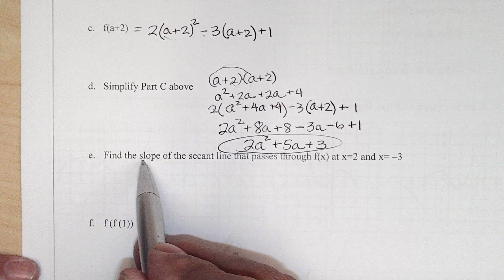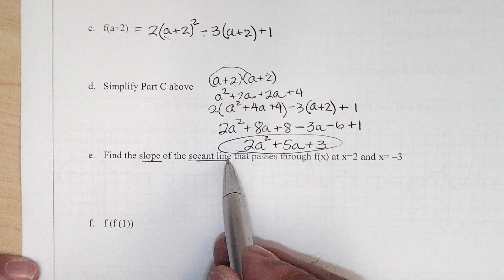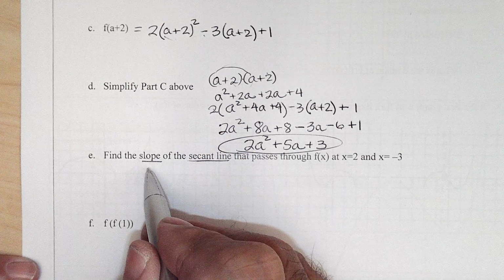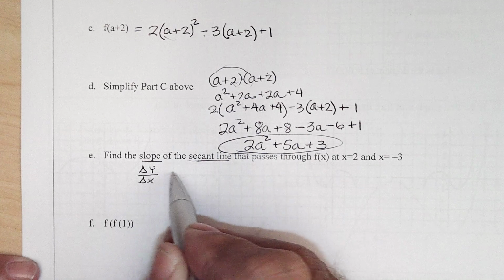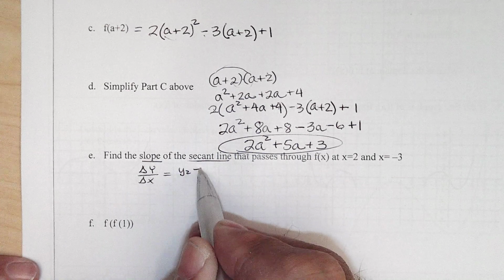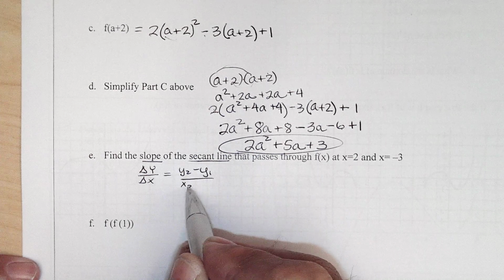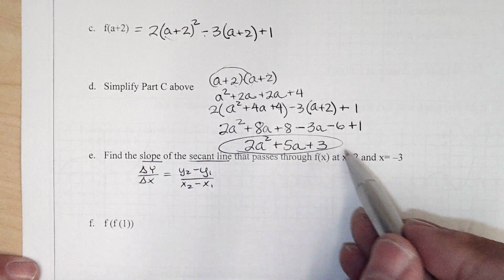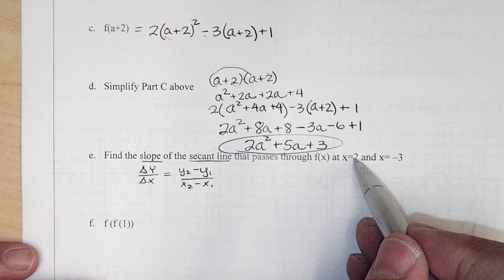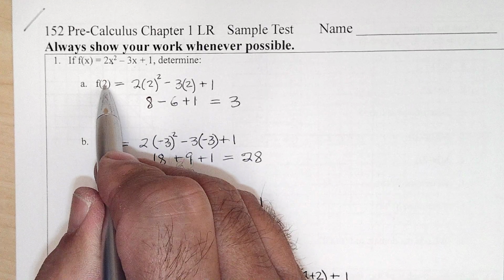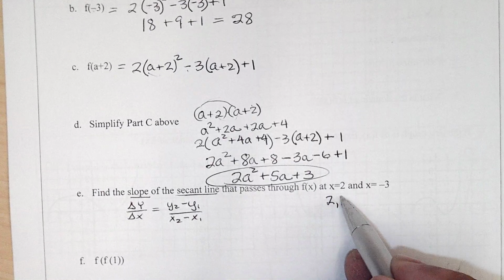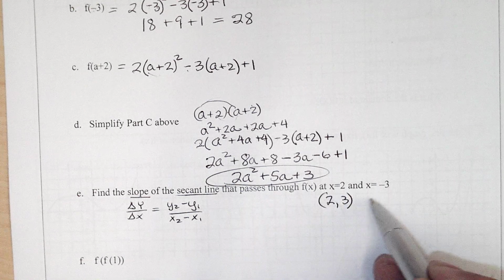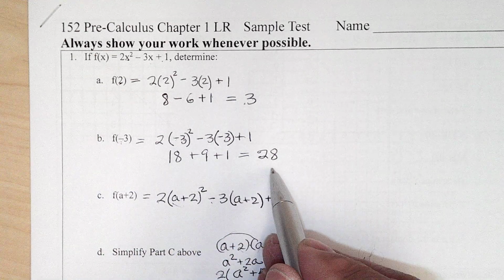Find the slope of the secant line, slope of the line, which is change in y over change in x, or y2 minus y1 over x2 minus x1, between where x is 2 and when x is minus 3. When x is 2, the y is 3. So we have the point 2, 3. Well, when x is minus 3, we get 28.